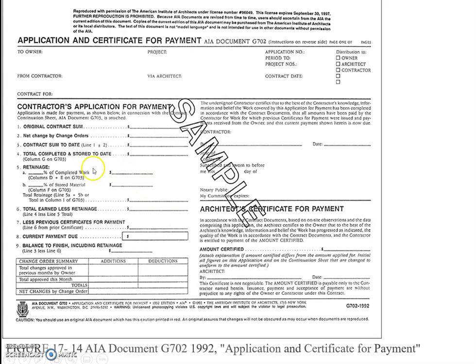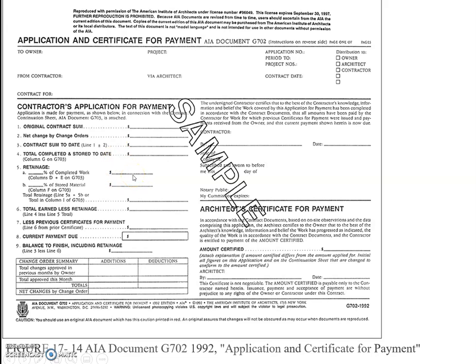It also has the information about the contract status, change orders to date, change orders during this period, and a net contract change for change orders.